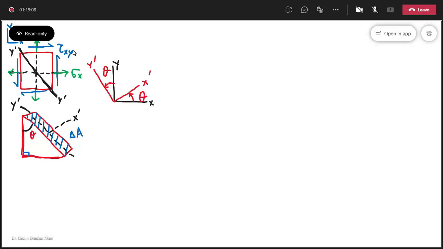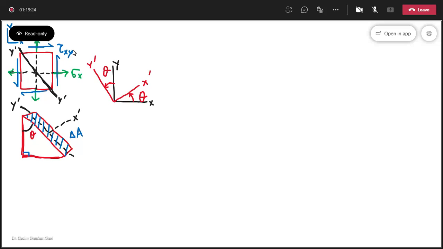The reason is that this is normal stress and this is shear stress. These normal stresses and shear stresses are acting along the regular x and y axes.